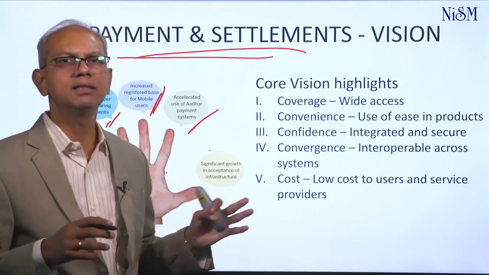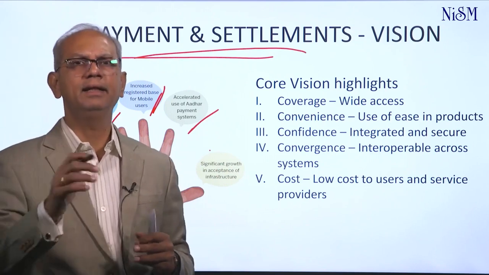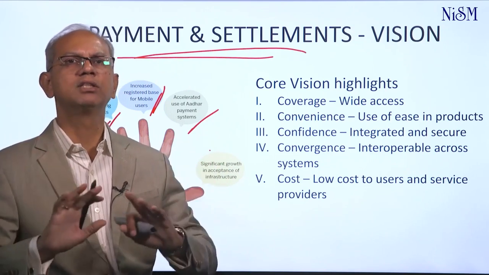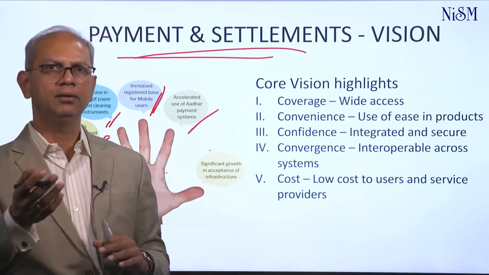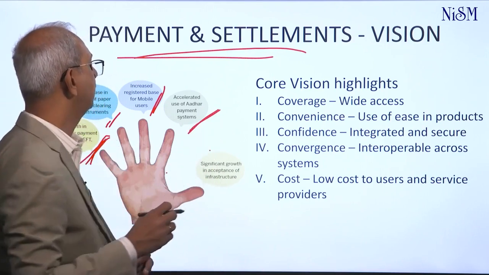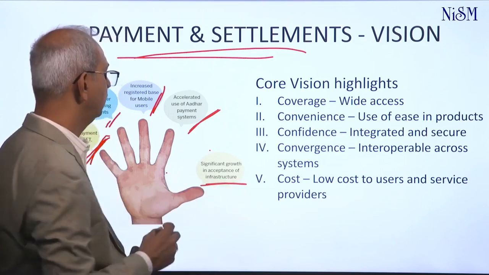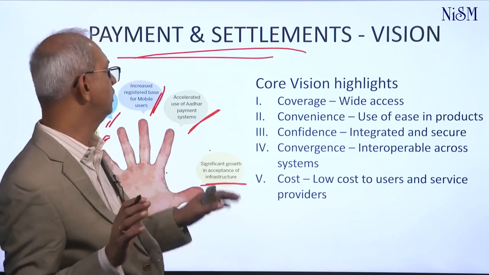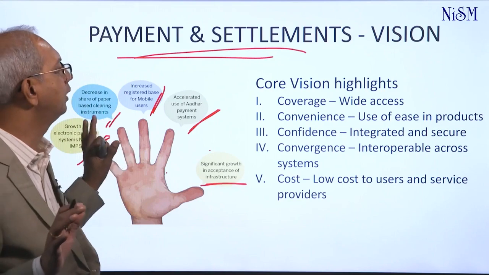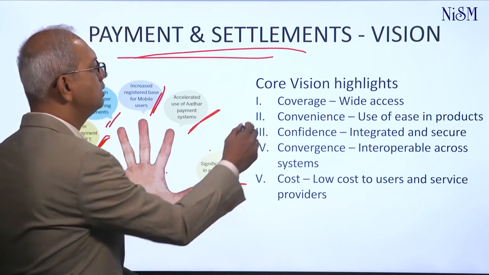If it's an Aadhaar based system, you are aware that the entity is KYC verified, that you are sending the money to or transacting with. So, accelerated payment settlement using the Aadhaar payment mechanism, and obviously growth in the acceptance of the infrastructure. These are basically the core 5 areas in terms of vision that the government is driving towards.